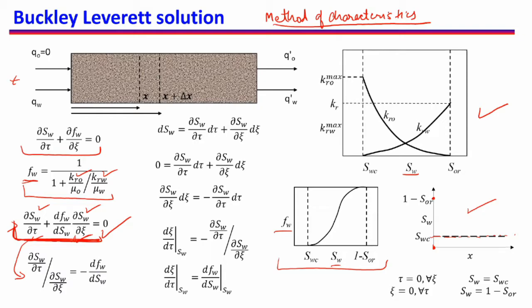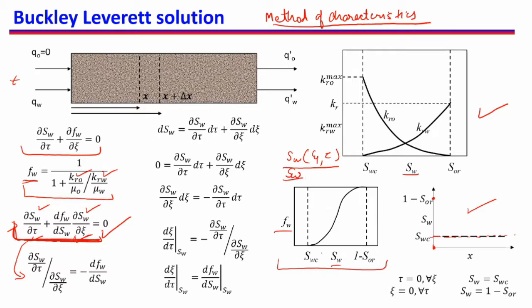So now pay attention to what I am saying. What we are going to do here is, we will not be finding SW as a function of xi and tau as we would normally do in a partial differential equation. What we will do is, we will consider that SW is constant.